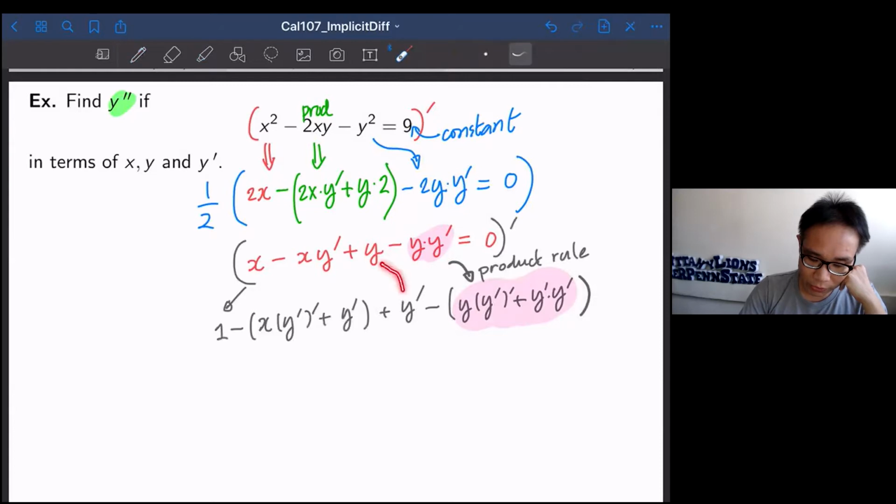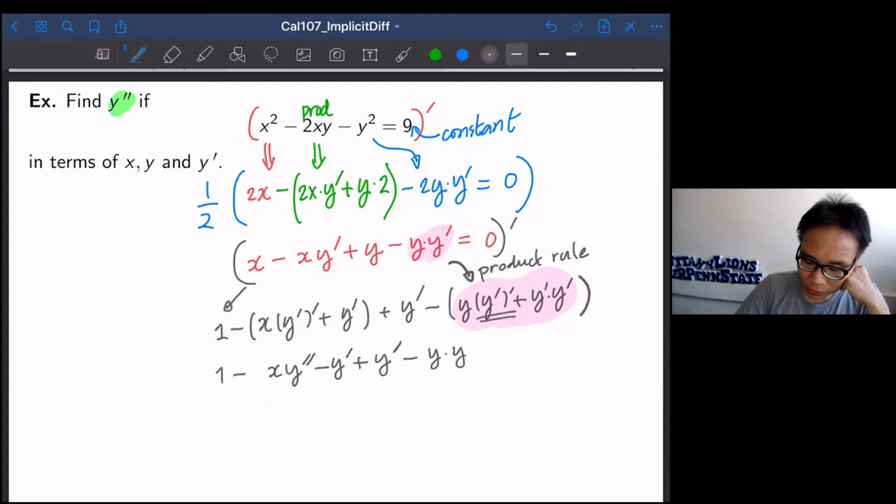And you see this term come down is y prime. Okay, and you see that we may simplify this into x y double prime plus y prime. Let me pull out the parentheses, so you're going to get this one plus y prime, okay, plus y prime, and minus, and you see that this is y double prime.